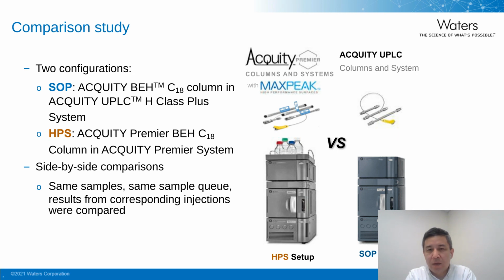The HPS setup contains the LC and the column that come with MaxPeak HPS technology. The two LC systems are identical to each other, except the Premier system has MaxPeak HPS technology.